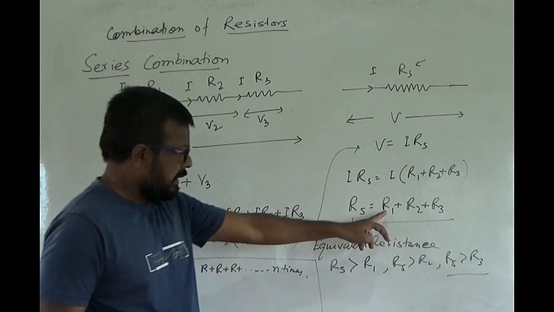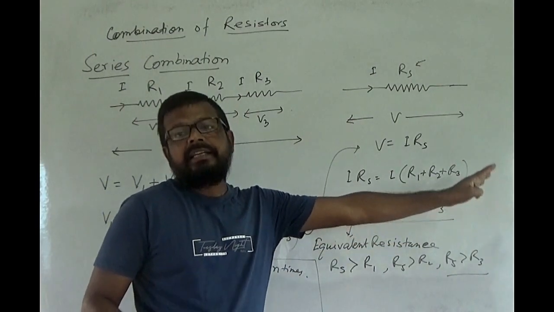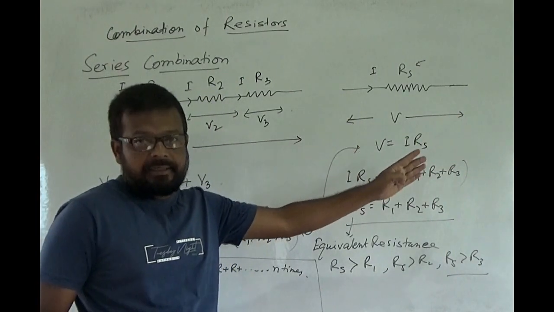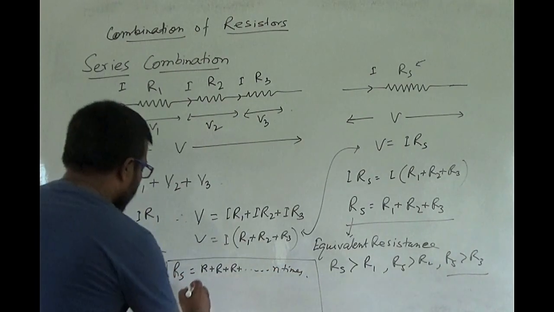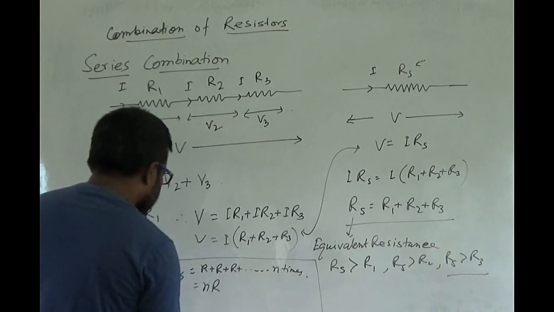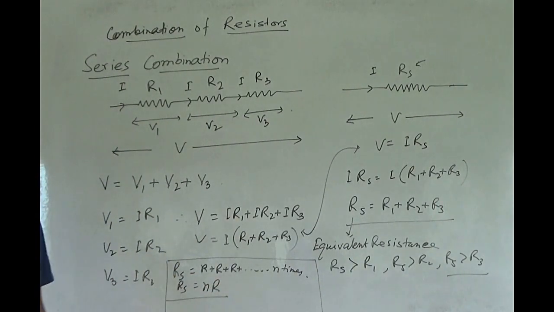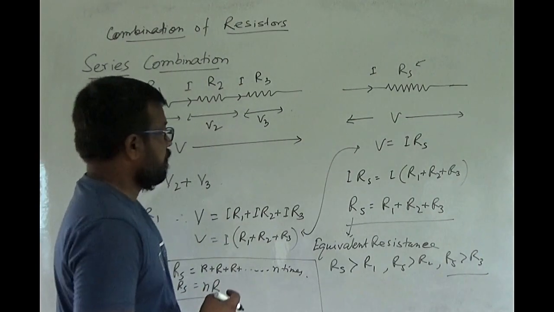You replace R1 by R, R2 by R, R3 by R, and so on. The total number of resistances connected is n, so the R's are summed up and you get Rs equals n into R, n times the single resistance.